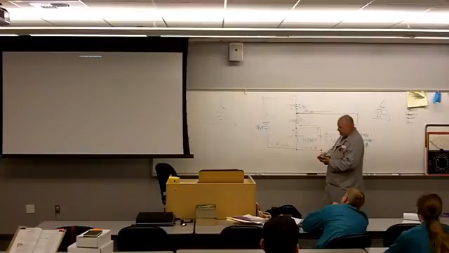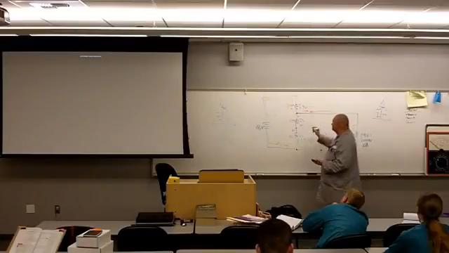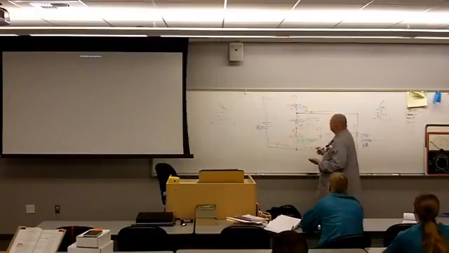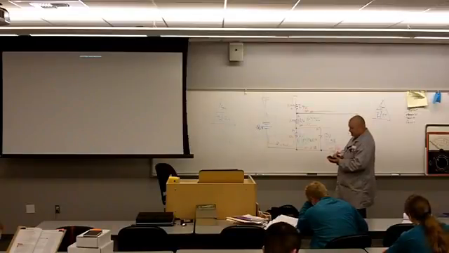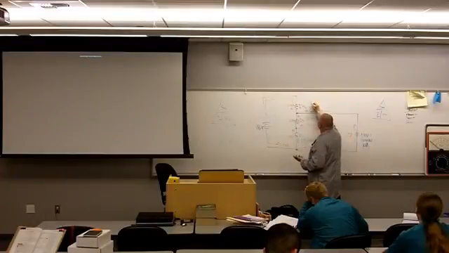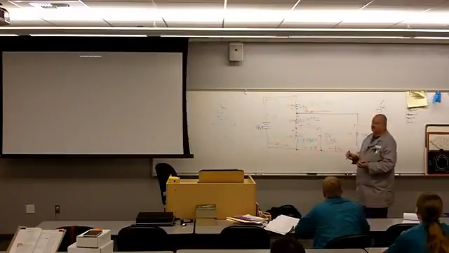So we can do the same thing up here, right? 12 volts divided by 1.55 amps is 7.7 ohms. And then finally here up at the top, 24 divided by 11.55 is 2.08 ohms.